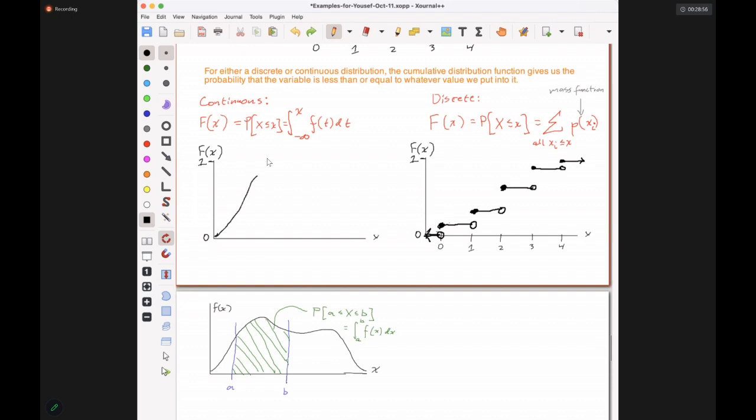And then we level out a bit. No, we don't go down. F of x is always increasing. But we level out and then go a bit steeper. And then we level out entirely.